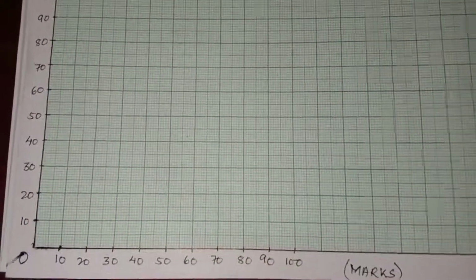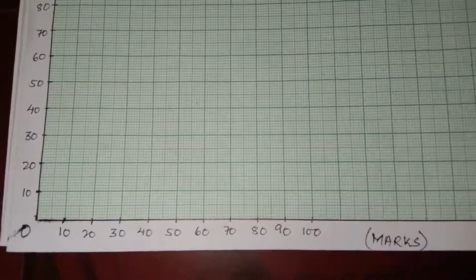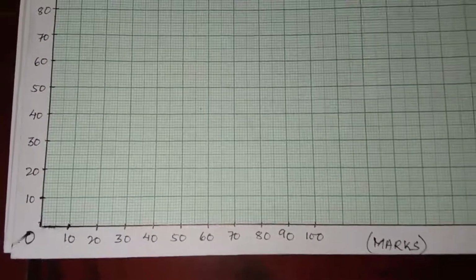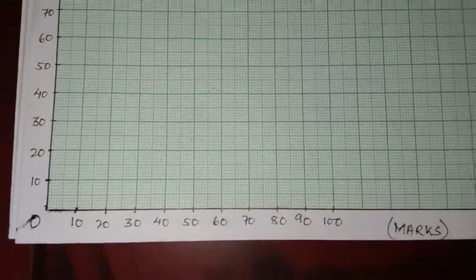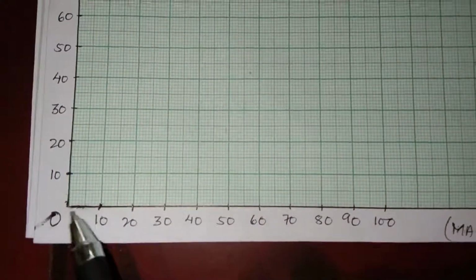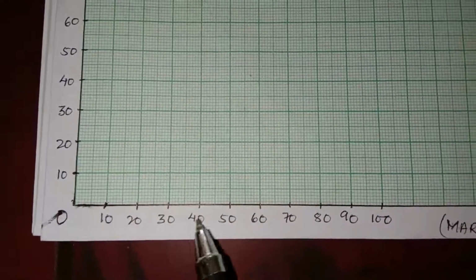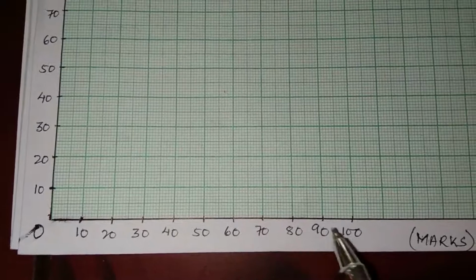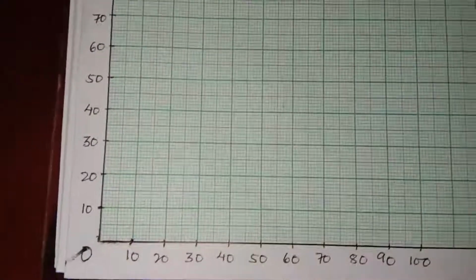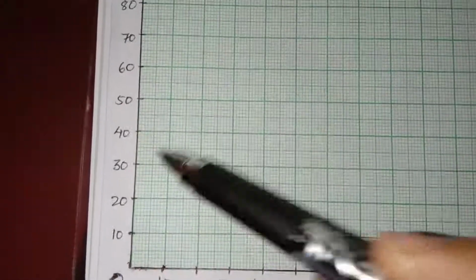In this question the scale is not given, so you can take it according to your convenience. Here I have taken marks on the x-axis, 1 centimeter as 10: 10, 20, 30, 40, 50, 60, 70, 80, 90, 100. And on the y-axis I have taken 1 centimeter as 10: 10, 20, 30, 40.